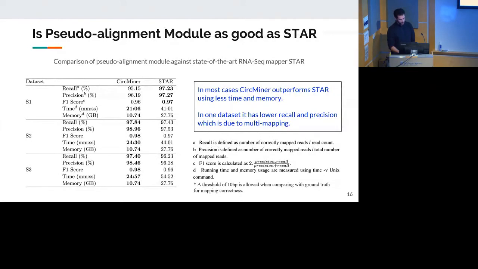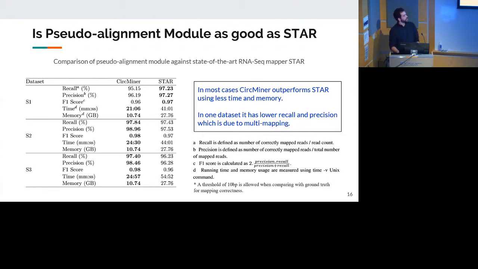So first, we tested the pseudo-alignment module and compared it with STAR, which is a well-known RNA-seq mapper, on 3 different simulated data sets. As you can see, in most cases, SIRC-Miner outperforms the STAR results, especially in terms of time and memory usage.